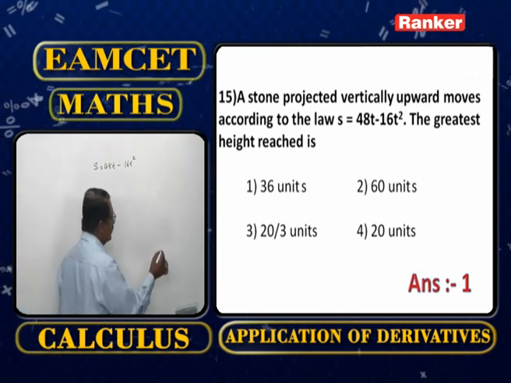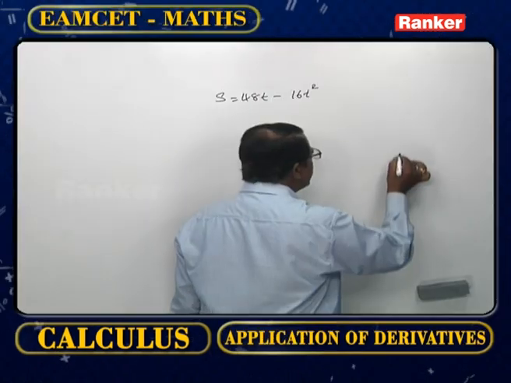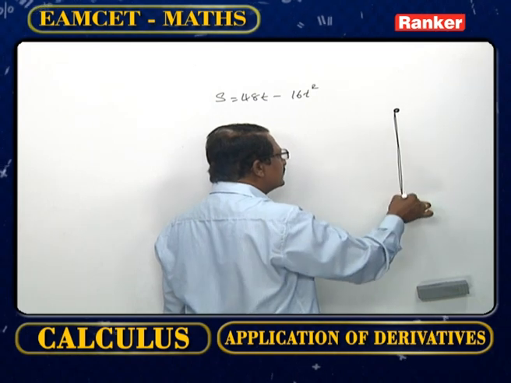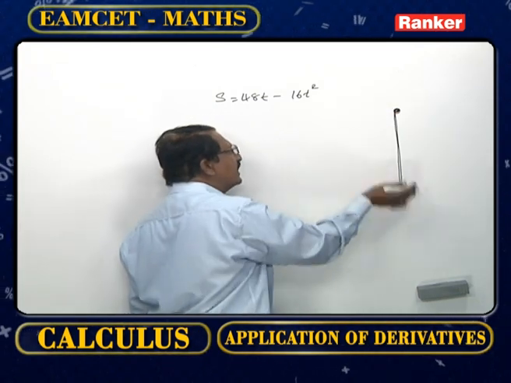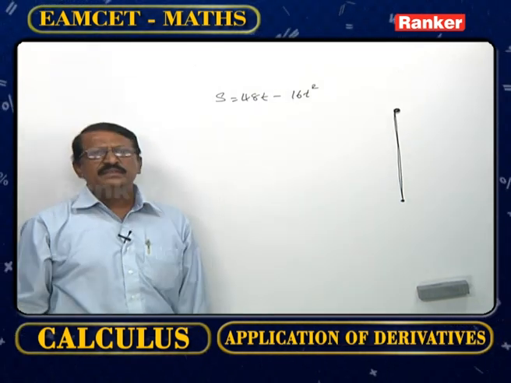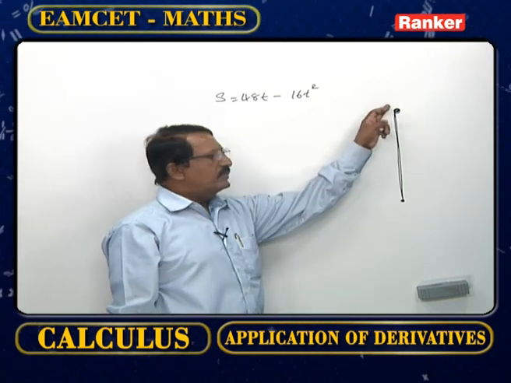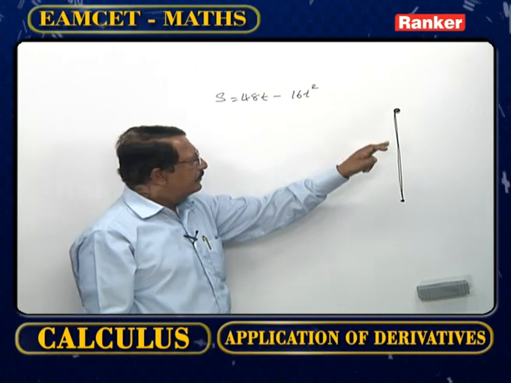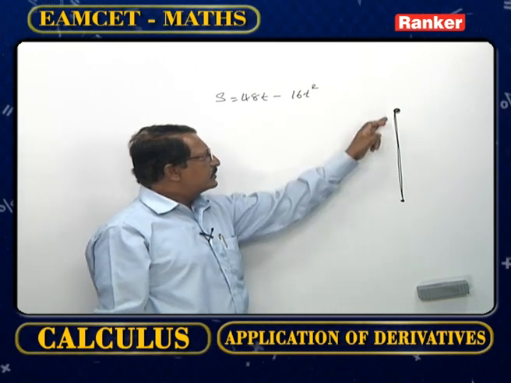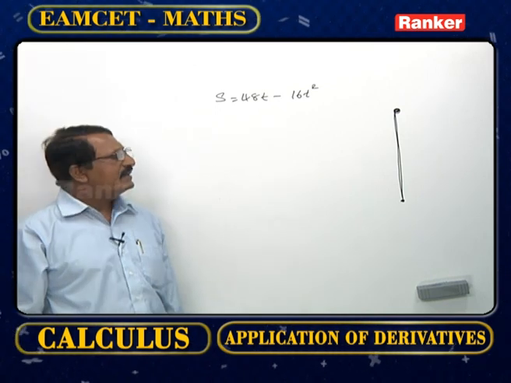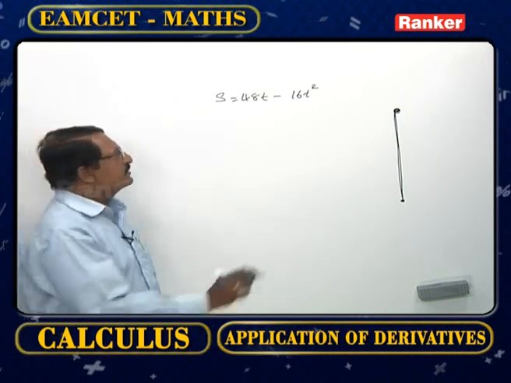If the stone reaches maximum height, the velocity of the stone equals 0.